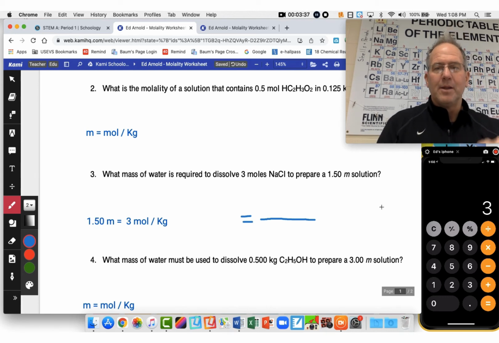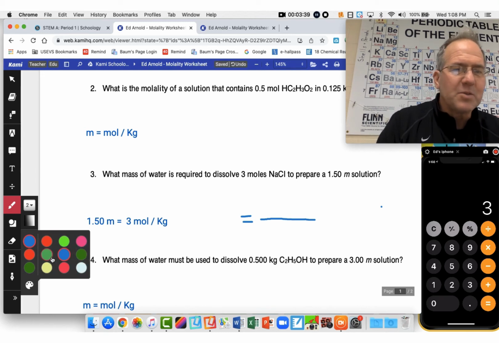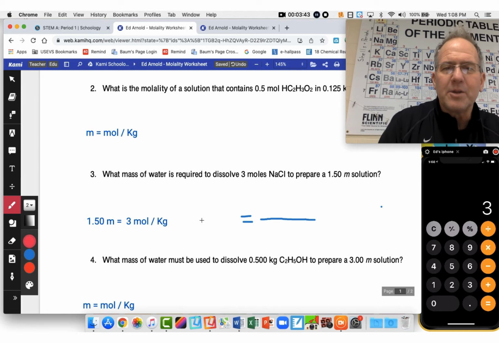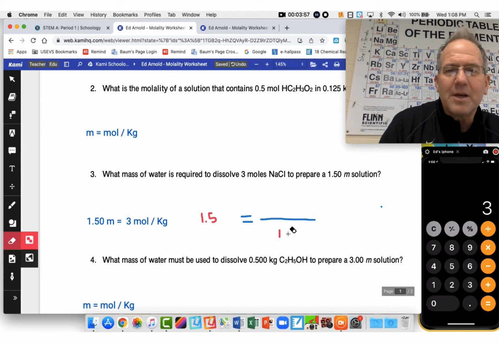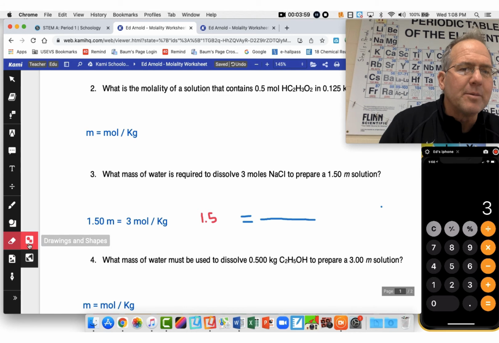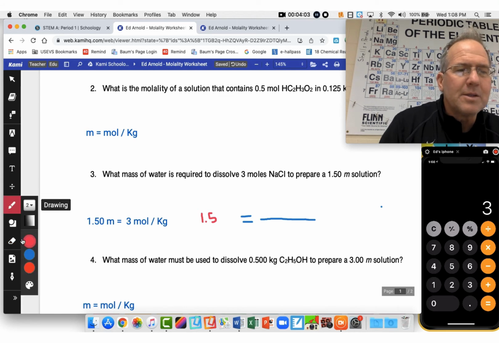Now, I'm going to change colors because this thing gets weird when I use the same color. It keeps trying to copy everything. So I'm going to make this so it works out nice. So I'm going to put my 1.5 right there. I'm going to put my kg here on the bottom. Again, if you know what you're doing, you can skip this part.